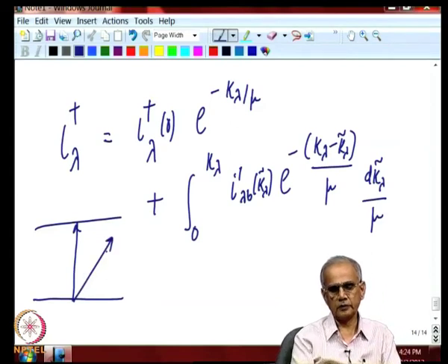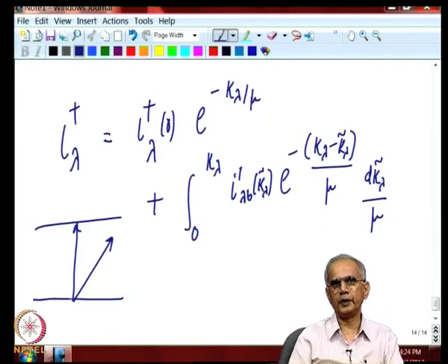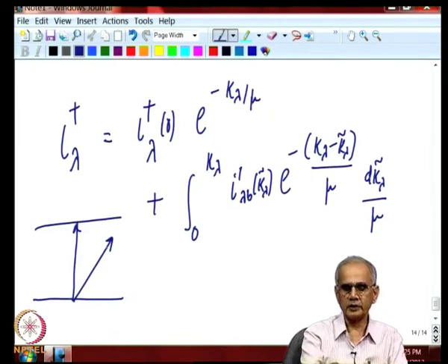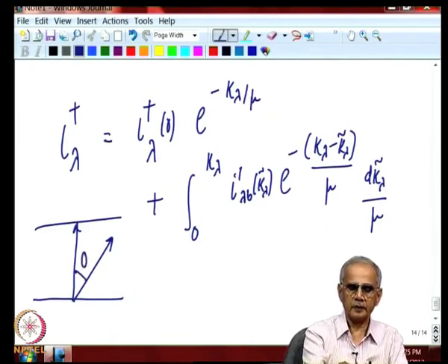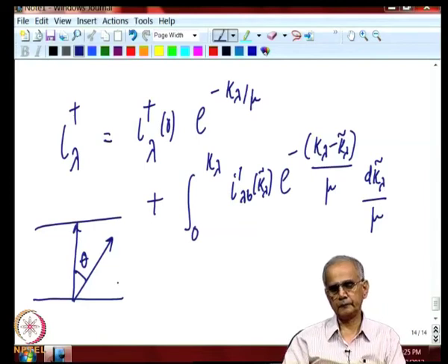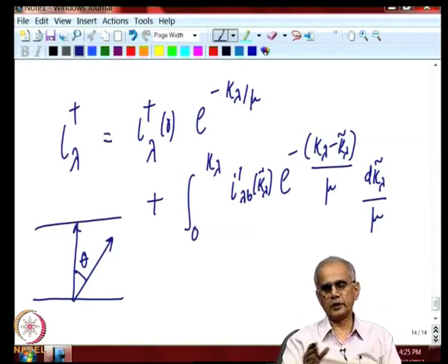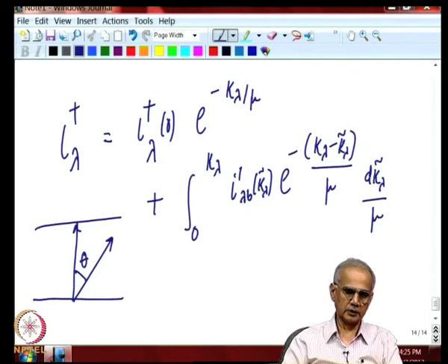So, all rays which are not travelling perpendicular to the two plates are going to travel longer distance, and hence you have to divide by cos theta. That is the only thing we introduced here in our discussion. Otherwise, this result is very similar to the earlier one.